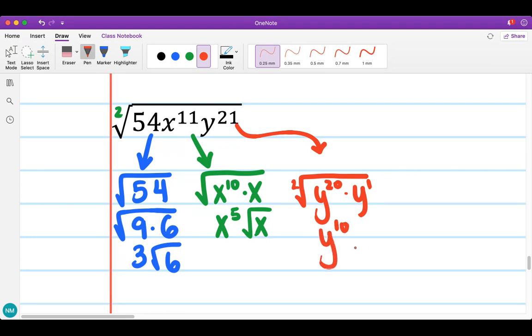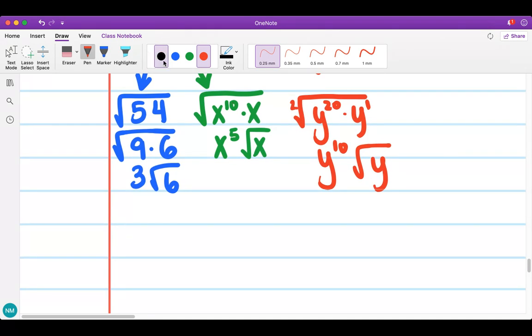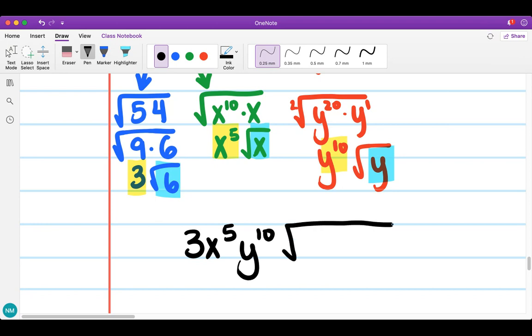Y to the 10th root y. So now what I do is I take all of my outside of jail and put it together, and all of my inside of jail and put it together. So 3x to the 5th, y to the 10th, and then the square root of 6xy.